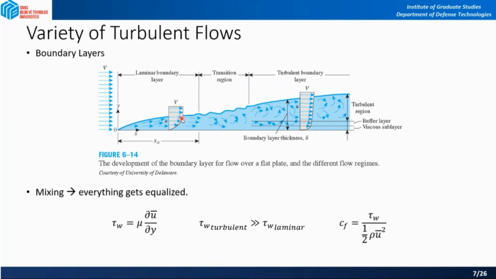And in general, we know that the wall shear stress, tau wall, for turbulent boundary layer is much greater than the wall shear stress for the laminar case. And also we know that the friction coefficient CF is related to tau wall. This is the non-dimensional form of tau wall.